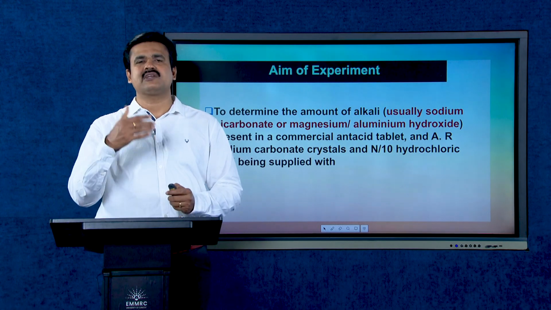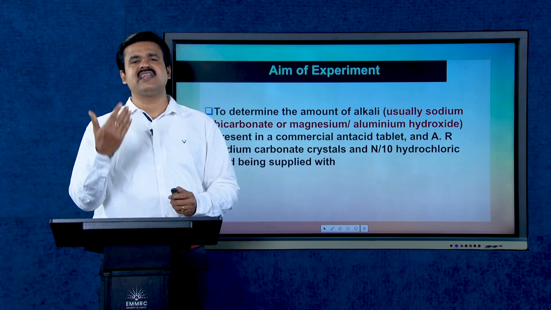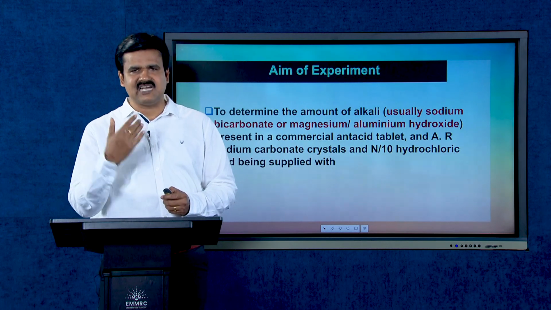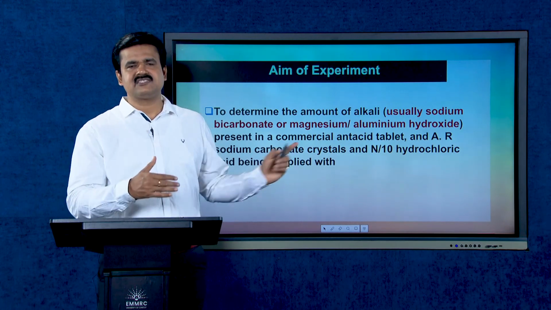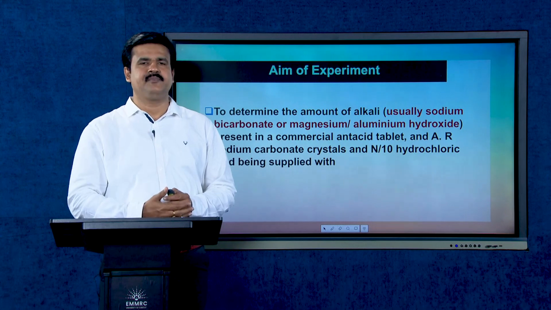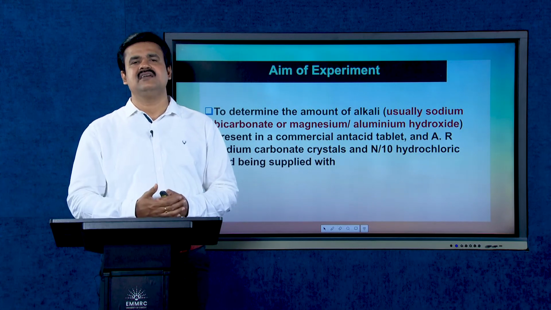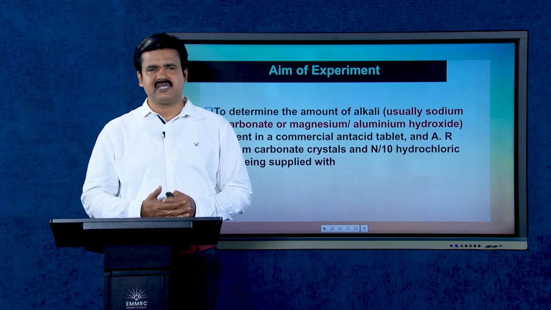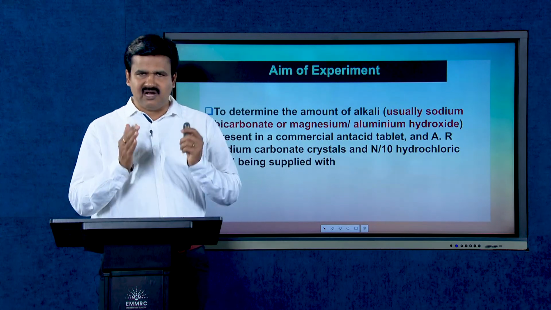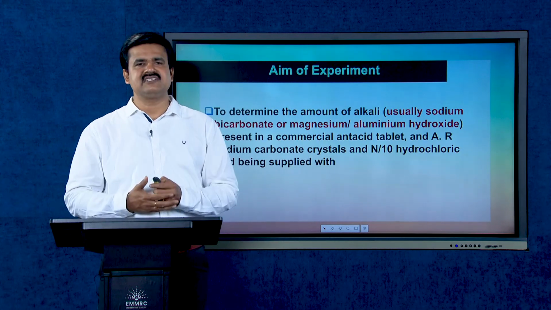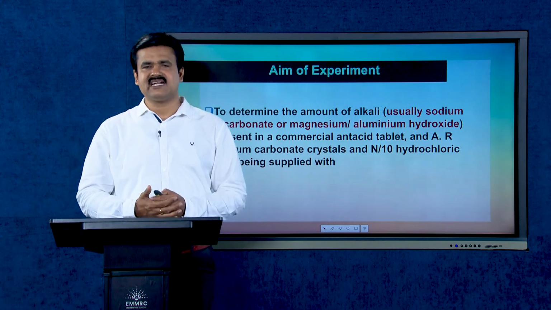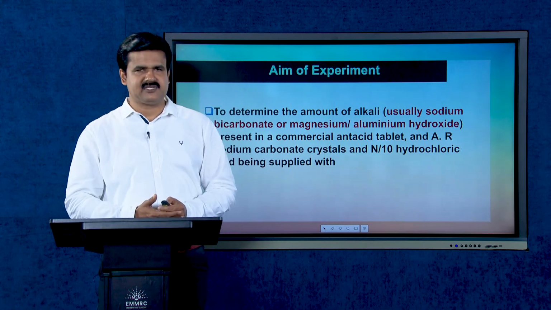So, in order to estimate the total alkali content present in a given antacid tablet, you are provided with these two important reagents, annular sodium carbonate crystals and N/10 hydrochloric acid solution. You have to utilize these two reagents to estimate the total alkali content in the given antacid tablet.